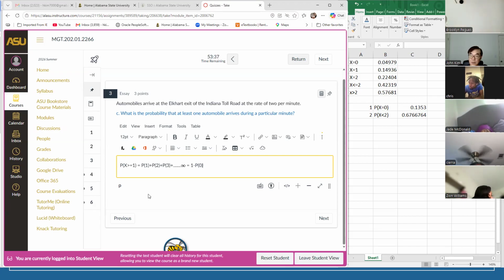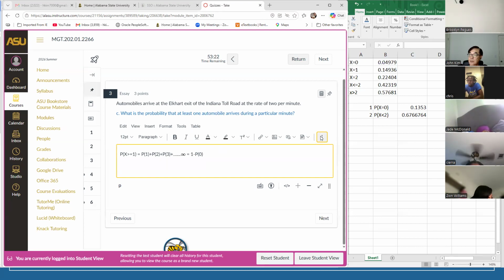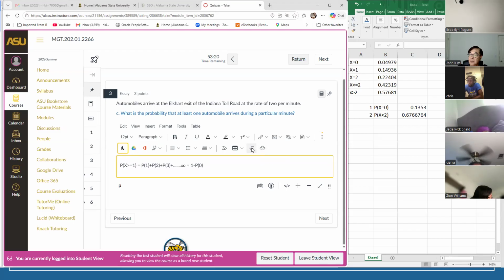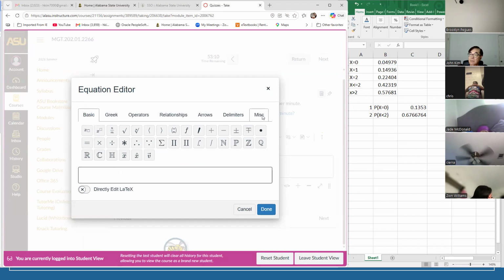If you were, then click this expand, and then this one, insert math equation, then in miscellany, then you can see infinite. Thank you.